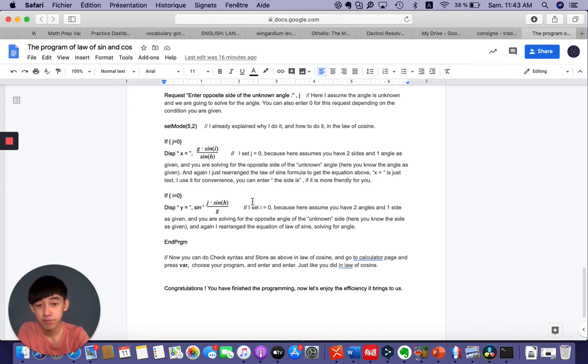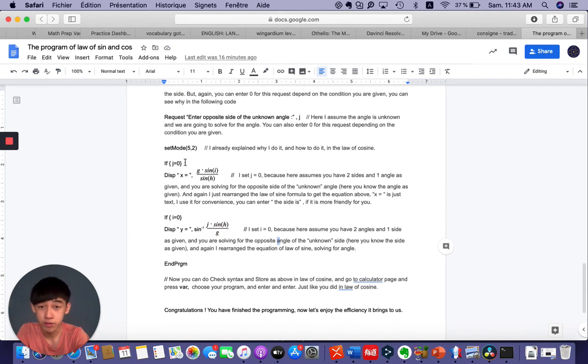So here I again rearranged the equation for the law of sine to solve for the angle, and these are the only two functions that we need.